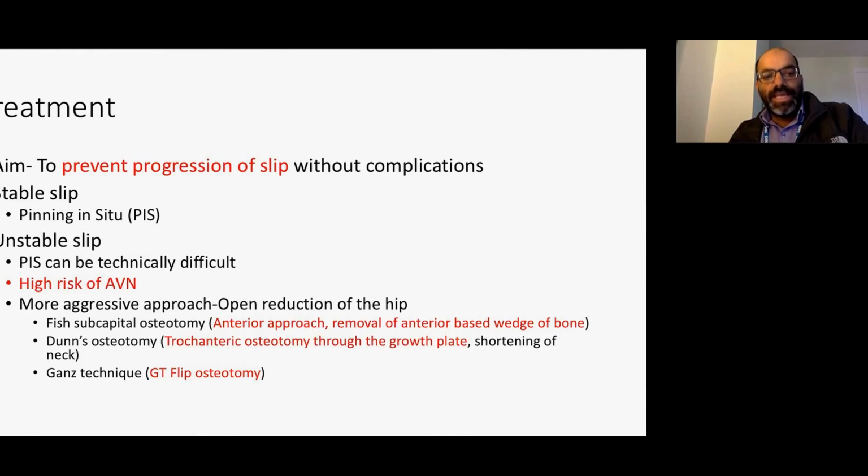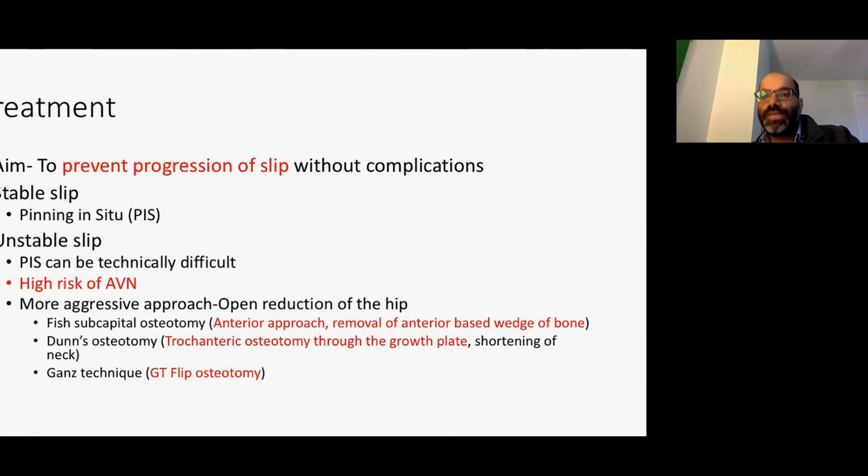And pinning in situ can be technically difficult because of the degree of the slip. And some people have a more aggressive approach, which is open reduction of the hip. And then there are different types of osteotomies that can be performed to reduce the hip, and once reduced, to stabilize the hip. The most commonly done is the Dunn's osteotomy, which is through the growth plate.